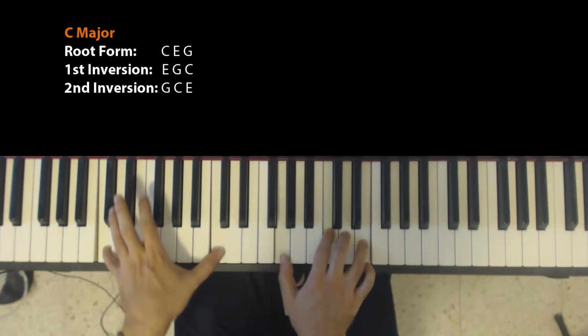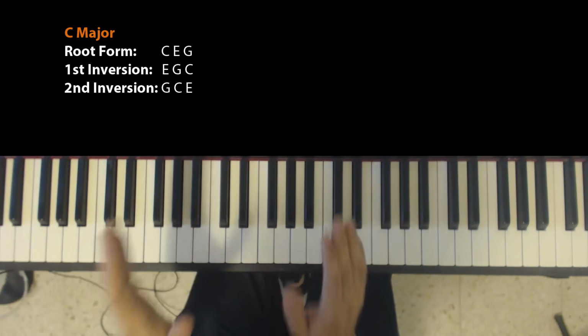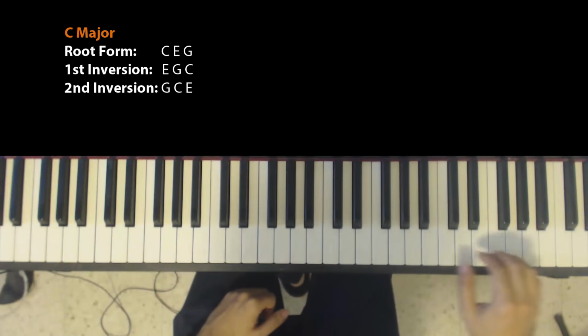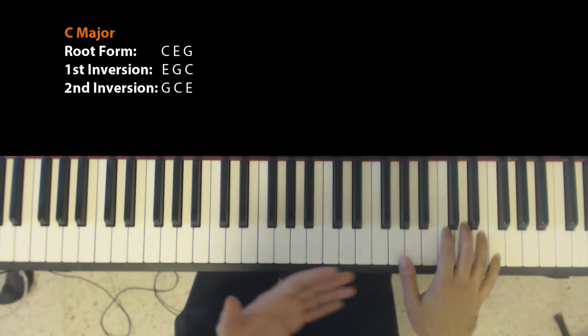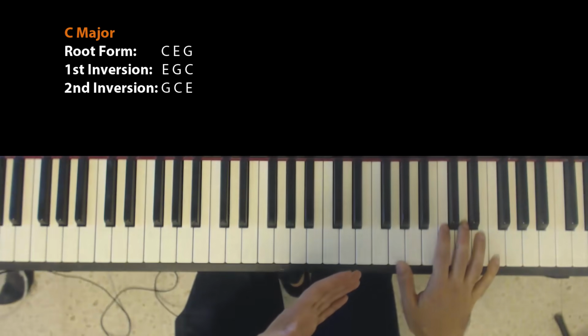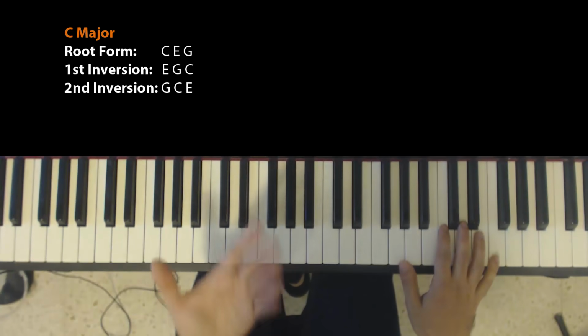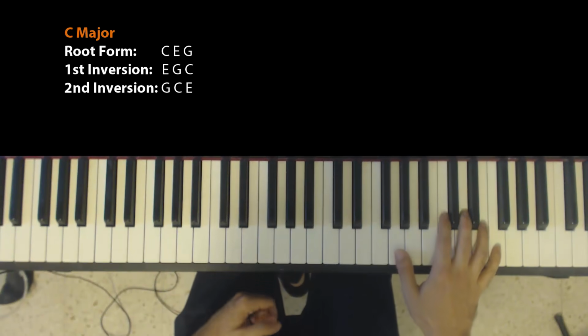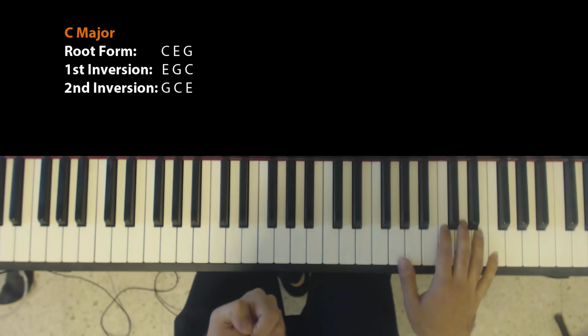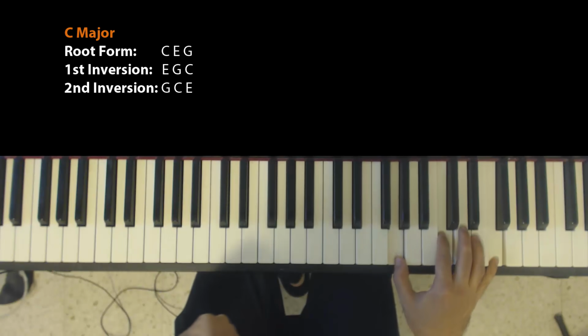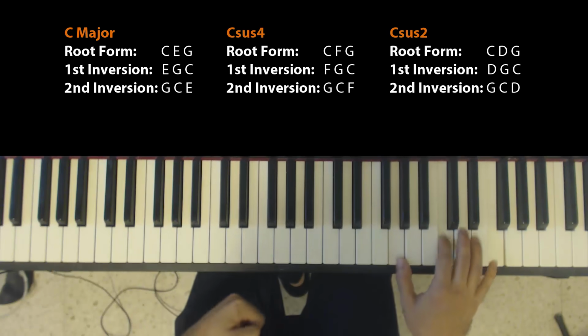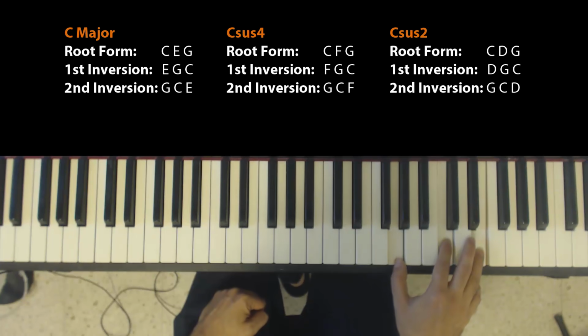Now, after landing on the final C in the song, I started up from the second inversion of C, but you can do this with any of the inversions, and I sort of played over it. The idea here was to start with a C sus4 chord and resolve it to the C major chord.